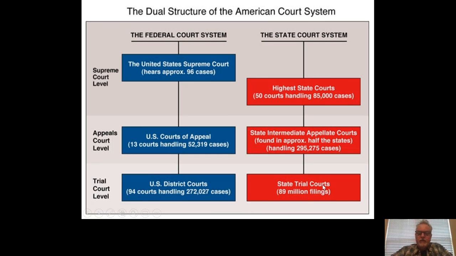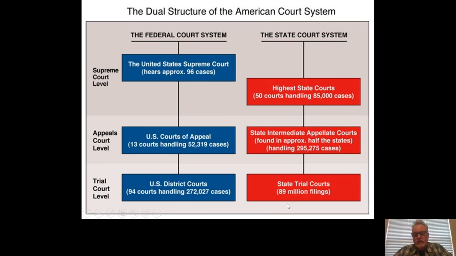So if an individual kills their spouse, they will most likely go to a state trial court for a criminal case. Or if you don't like how you've been treated by another person in your business practices and you want to sue them, most likely it's going to take place in a state trial court.